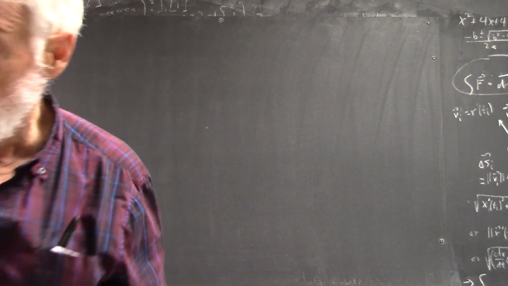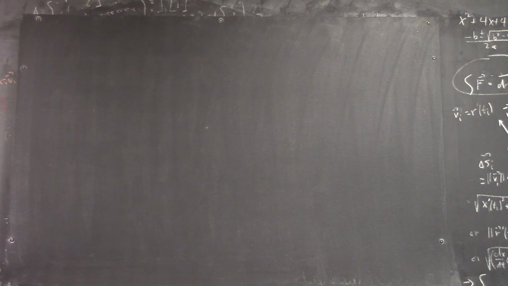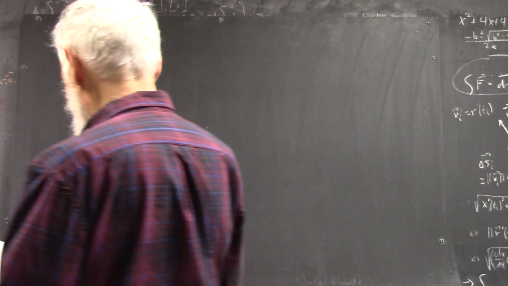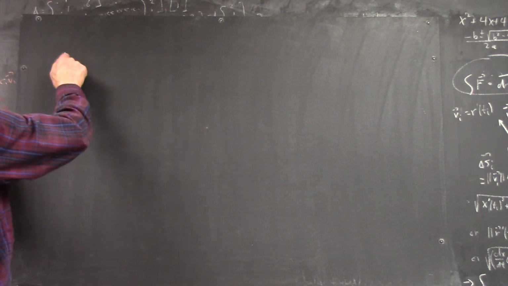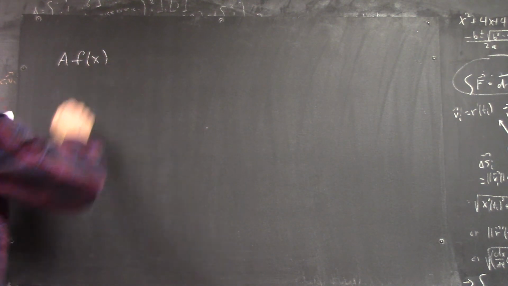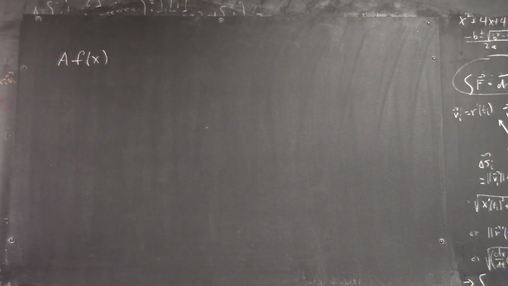Anyhow, all number 11 is do transformations. So the way it's stated might give you a heart attack, but that's the way things are supposed to be. The way it's stated is you do a f of x, which is just what?